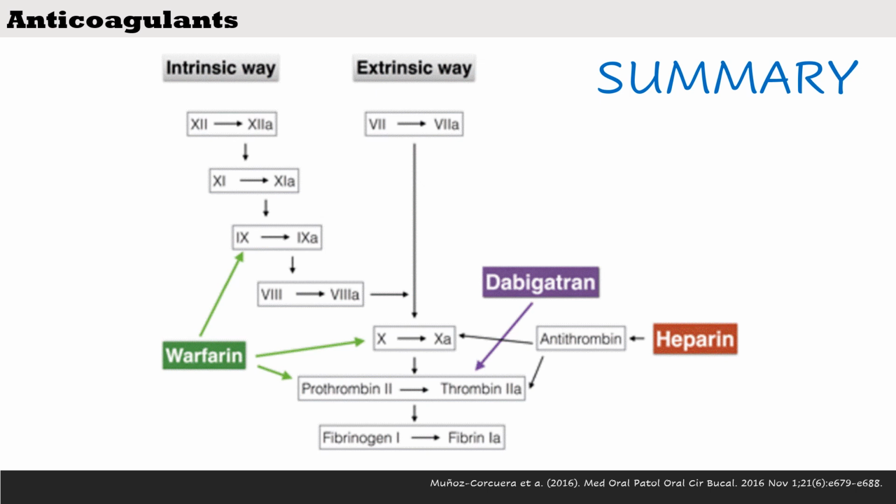Dabigatran is a direct thrombin inhibitor, so it directly inhibits the thrombin effect, while heparin activates antithrombin to go and block the thrombin as well as factor 10A. So this is how the drugs act.